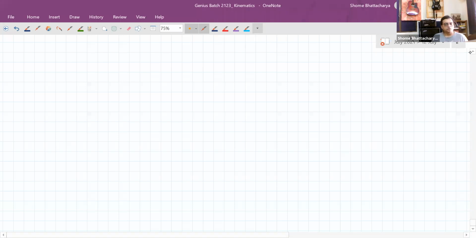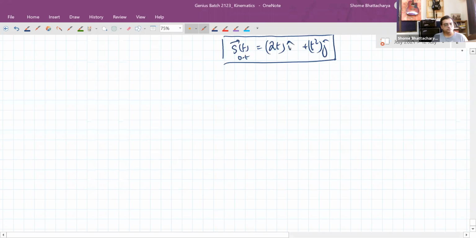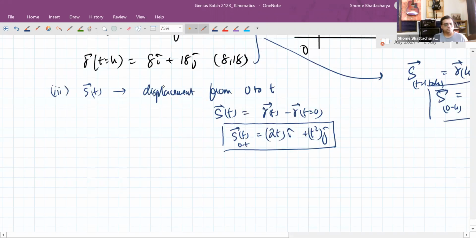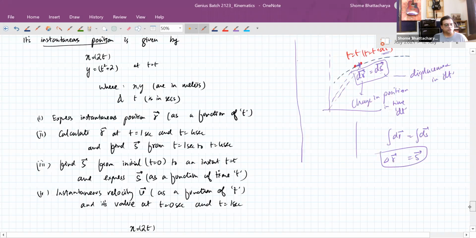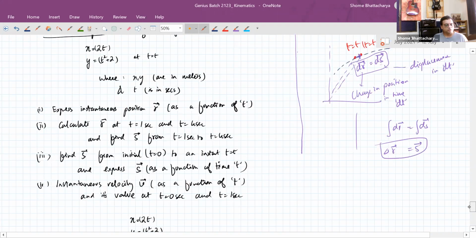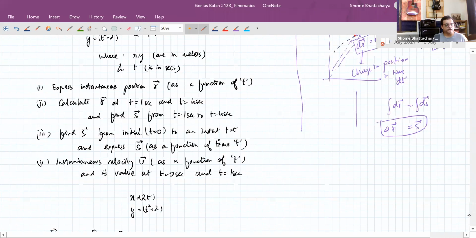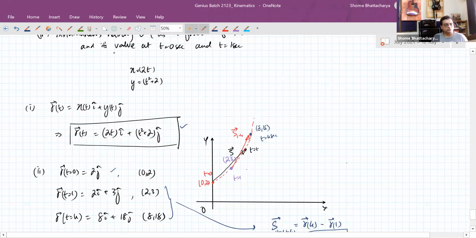Now, moving on to velocity. So we wanted to find out the instantaneous velocity and its value at 0 and 1 second. Okay. So we'll need this one.